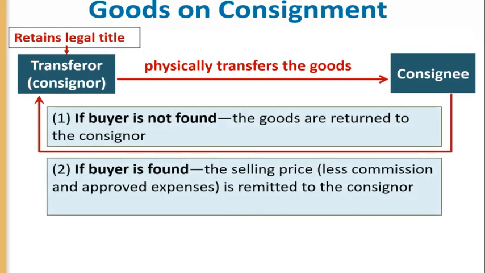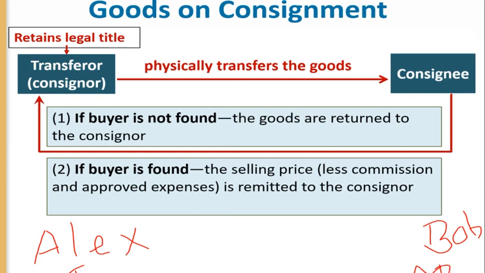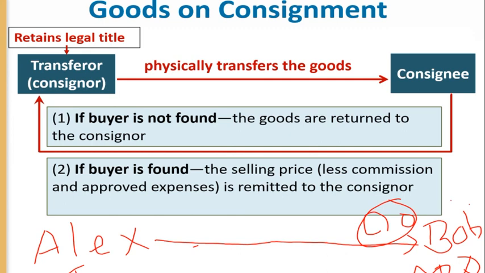And how about goods on consignment? Let's have an example. Say here is Alex and here is Bob. Alex is in Texas and Bob is in Albuquerque. Alex produces some goods that he wants to sell in Albuquerque, and Bob has a store in Albuquerque. So Alex wants to keep some goods in Albuquerque, meaning in Bob's store.